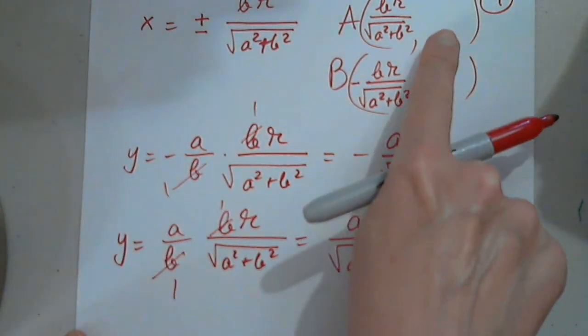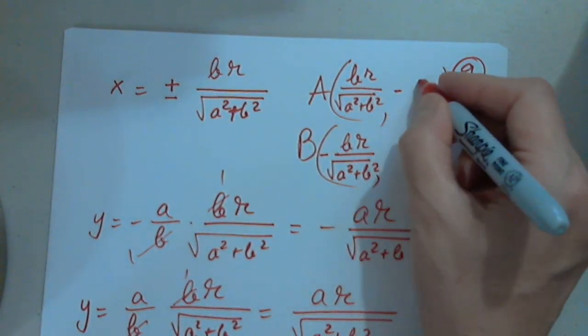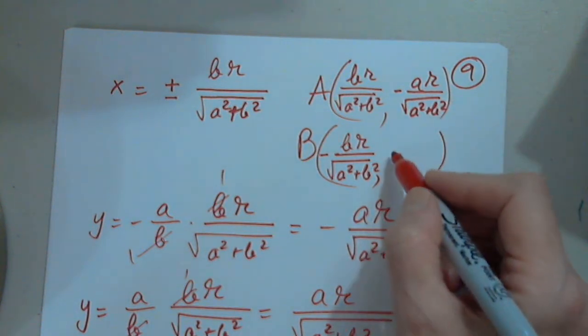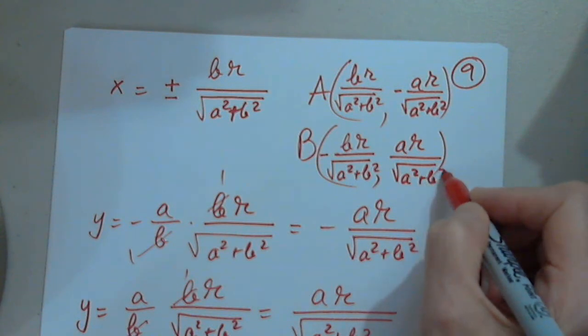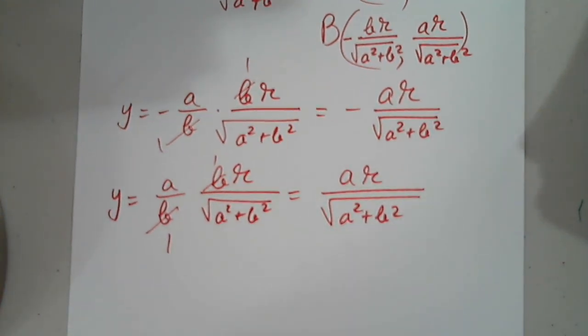So these are the values of the y coordinates. This goes up here, minus ar over the square root of a squared plus b squared, and this is ar over the square root of a squared plus b squared. So I found that these are the points of intersection. Fine.